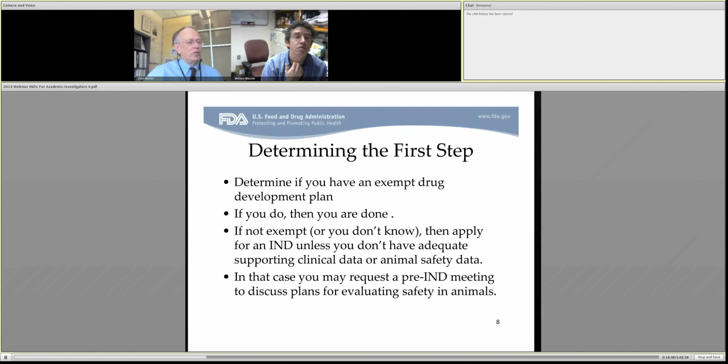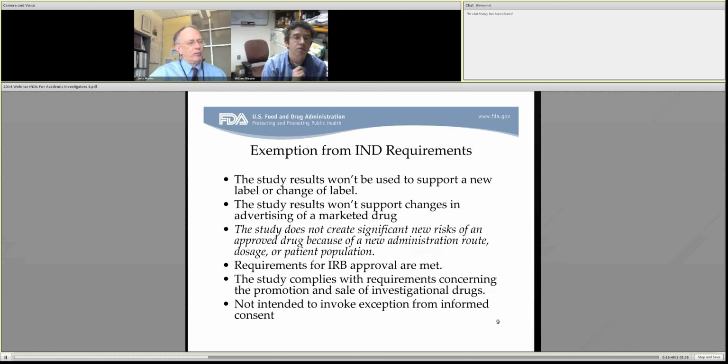But otherwise, I suggest that if there's doubt or a question, you send us enough information that it can adequately be reviewed as an IND application. Here are the exemptions from, go ahead.